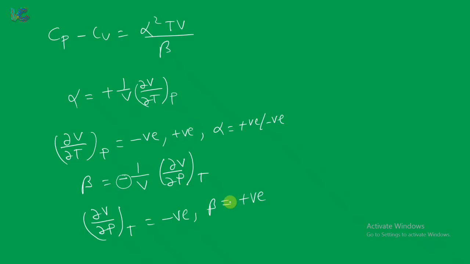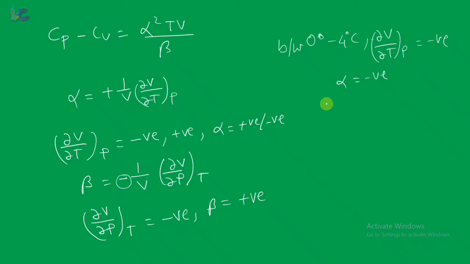Now for water, there is a special condition. Between 0 degree centigrade and 4 degree centigrade, del V del T at constant P is negative. That means between 0 and 4 degree centigrade, alpha is negative.